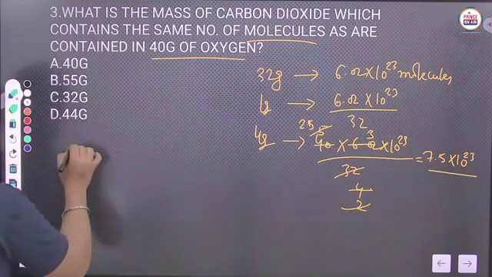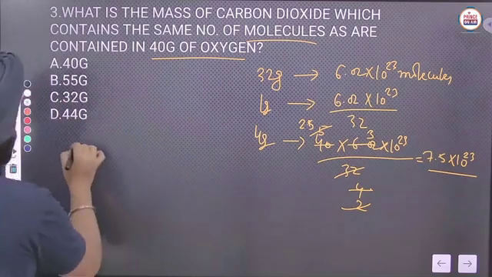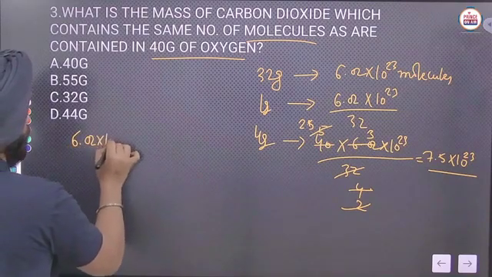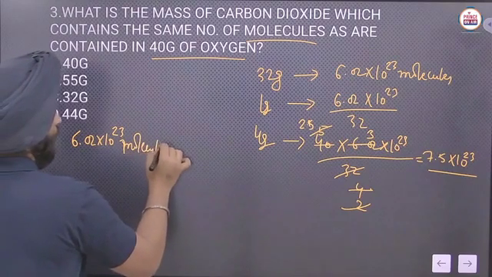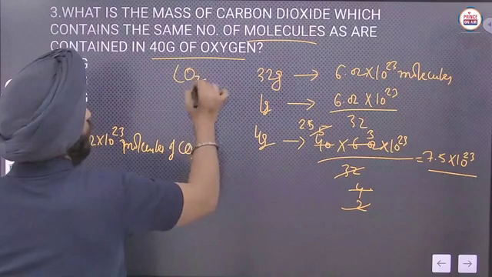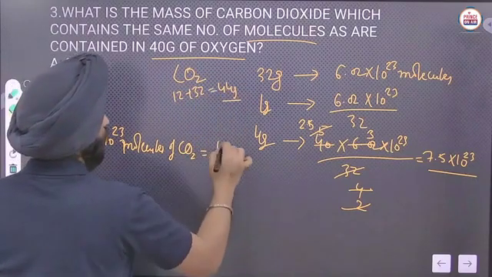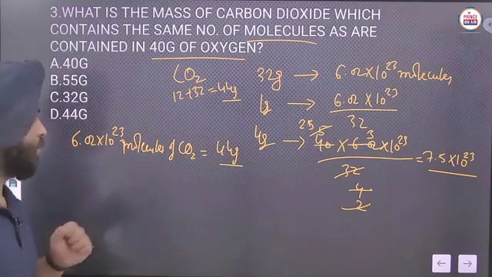So we know that very well in case of carbon dioxide, 6.02 into 10 raised power 23 molecules of carbon dioxide weigh, the carbon dioxide molar mass being 12 plus 32, 44 gram. So 44 gram is the weight of Avogadro's number of molecules of carbon dioxide.